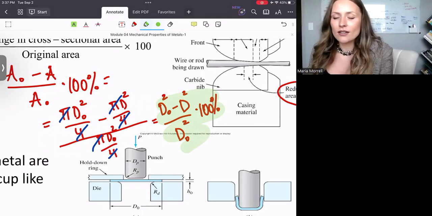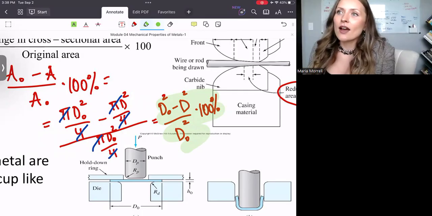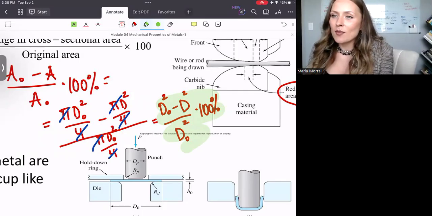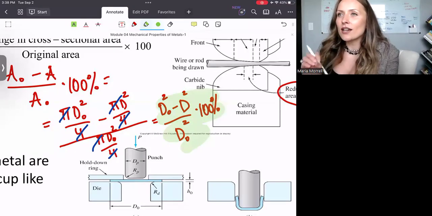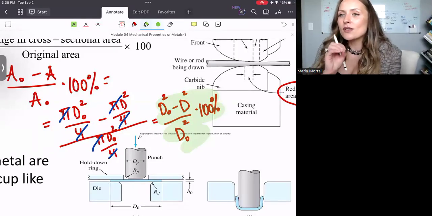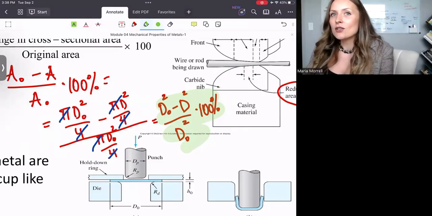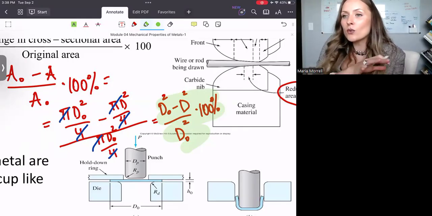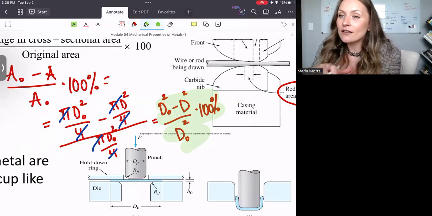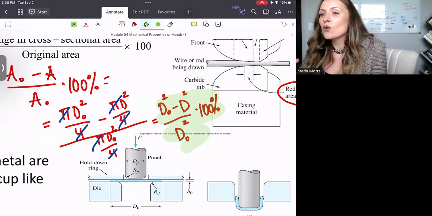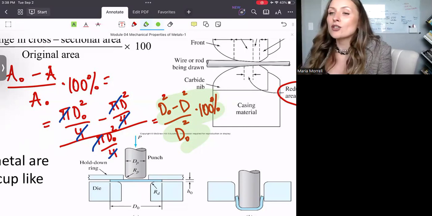I'll say it right away. The most common mistake that I see among students is not recognizing when to use thickness and when to use diameters, right? So you need to recognize the cold work: the cold rolling versus the wire drawing.